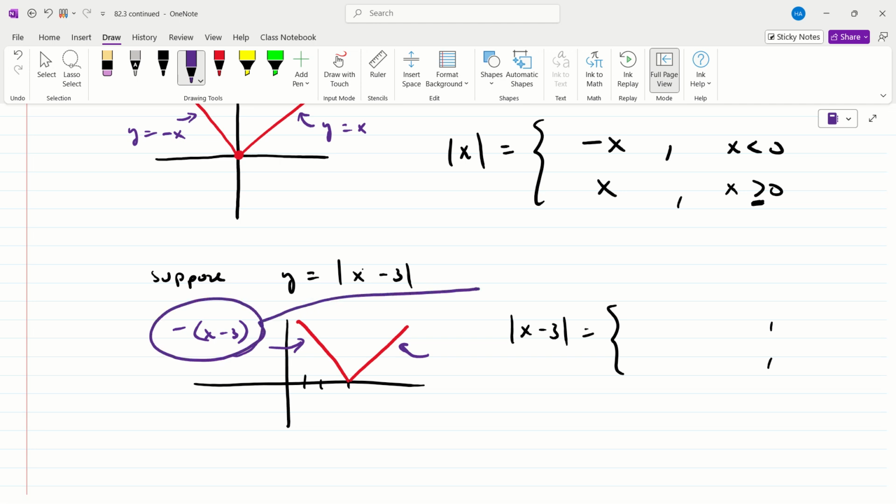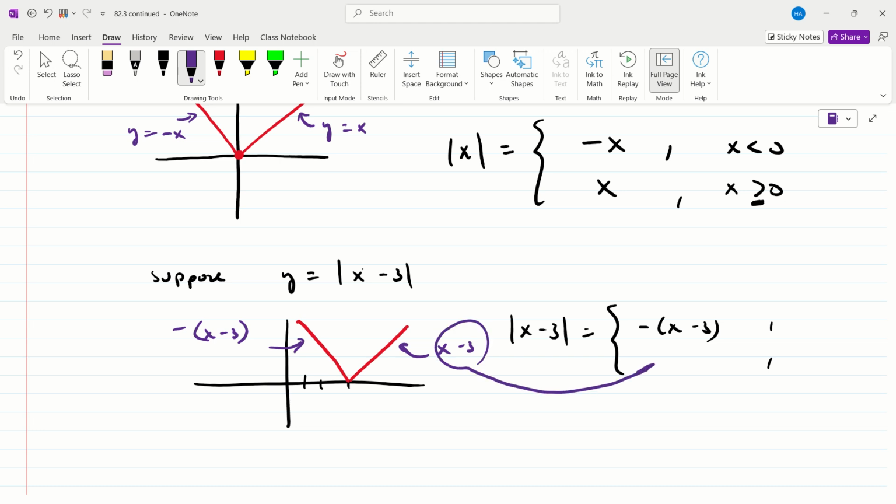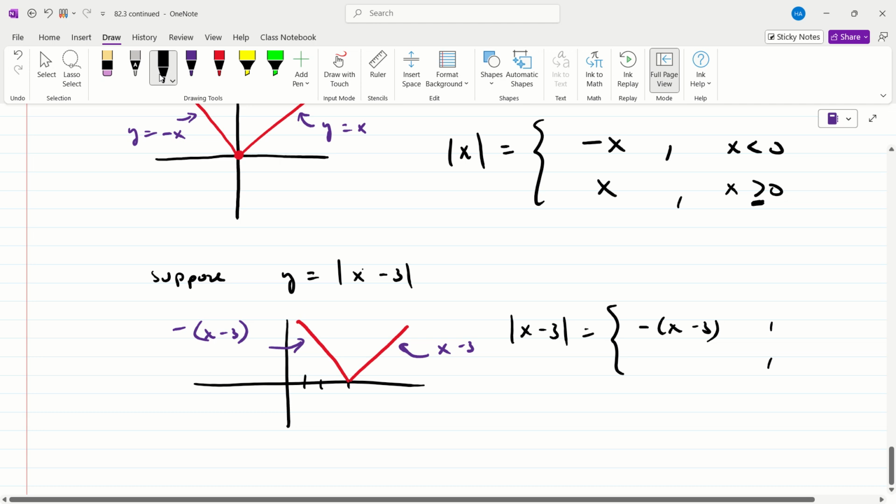So this definition is what goes in for the left-hand side. On the right-hand side, I'm taking whatever was inside the absolute value and keeping it as is. So this is what's going in for the value of the function on the right-hand side.